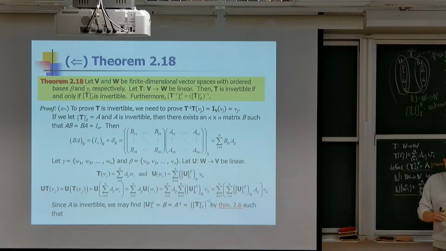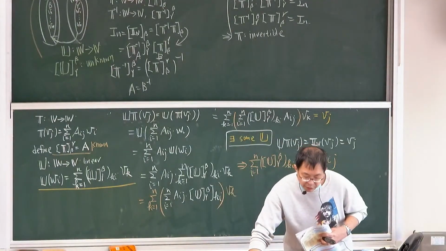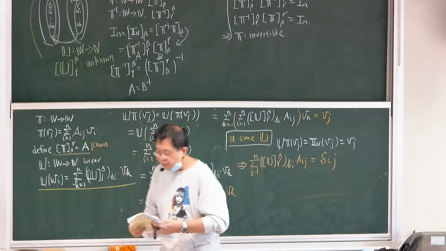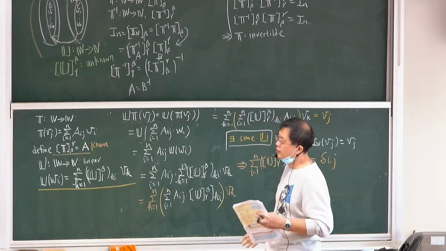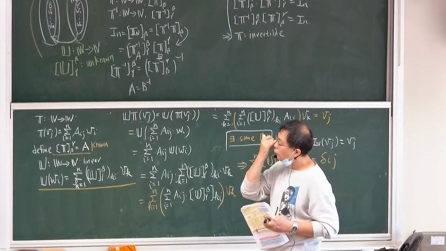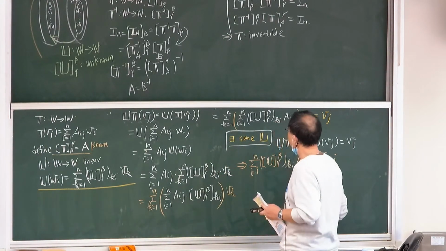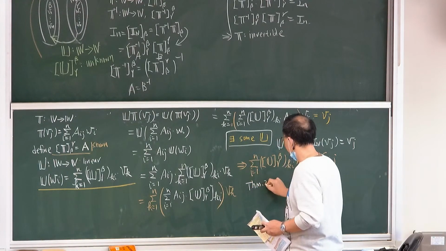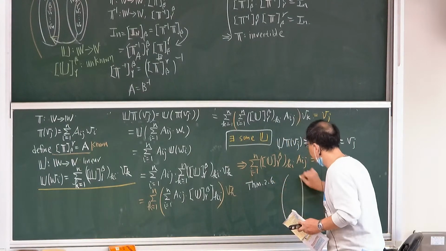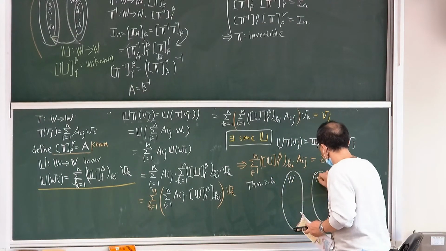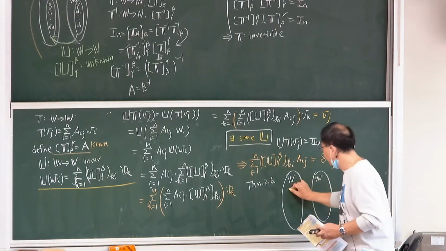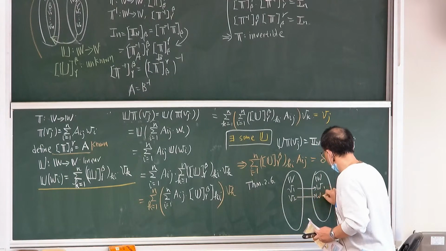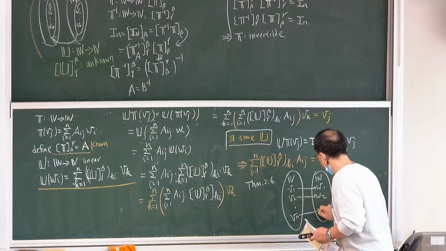Okay, so from theorem 2.6, what does theorem 2.6 mean? A classmate asked what theorem 2.6 means. Theorem 2.6 states that, whatever vector spaces V and W, I have V1 to W1, V2 to W2, to Vn to Wn.